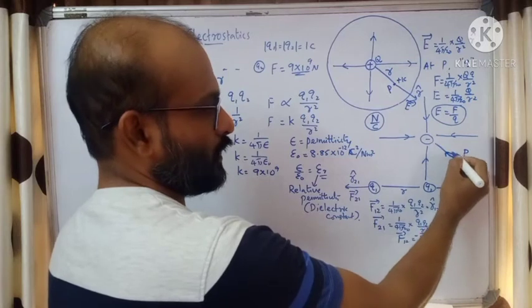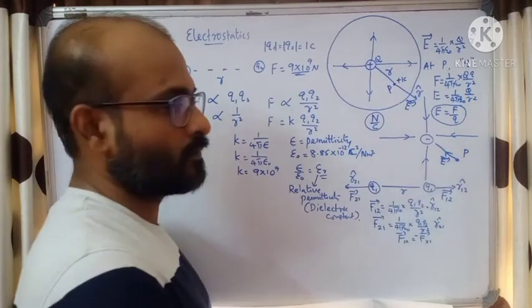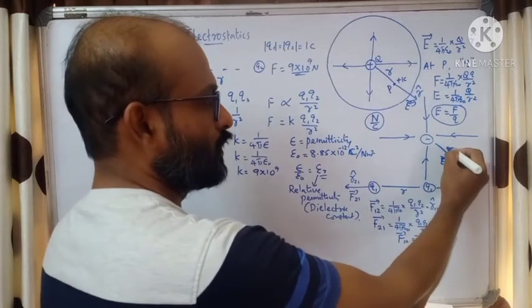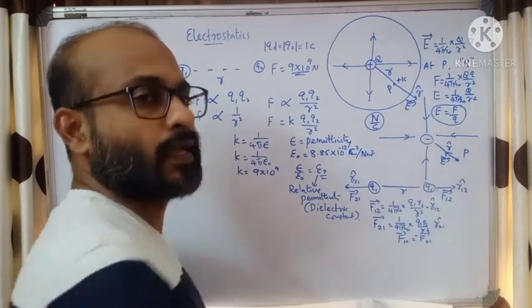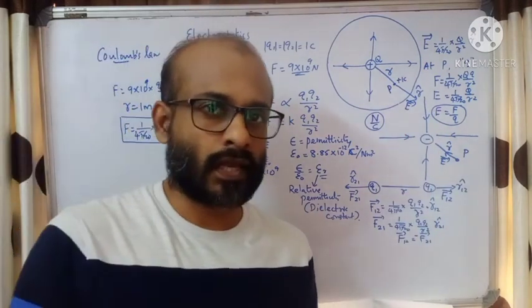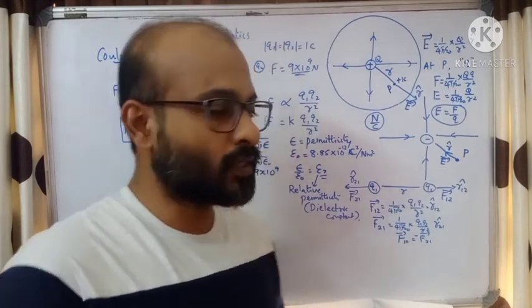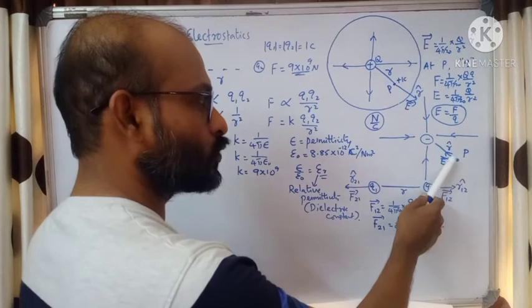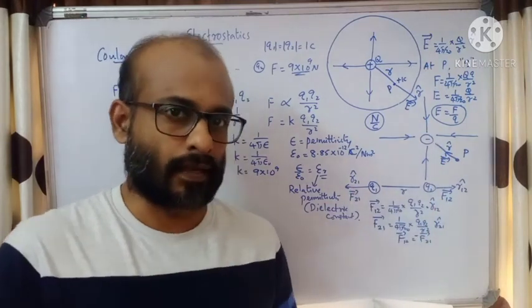This is the direction of intensity due to the negative charge, towards the charge. This unit vector also has direction towards a negative charge. Intensity due to a positive charge at any point will be directed away from the positive charge. If it is a negative charge, intensity at this point is directed towards the negative charge. That's the direction of electric intensity.